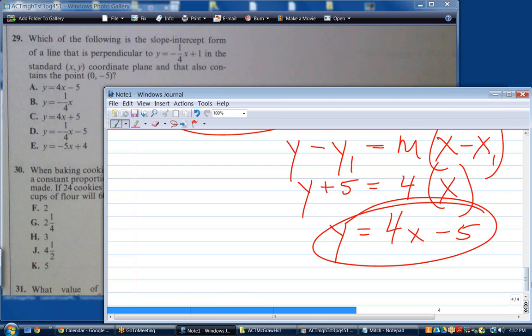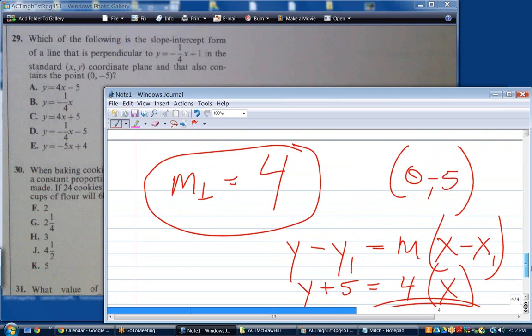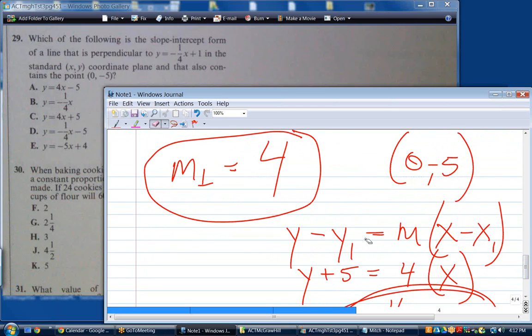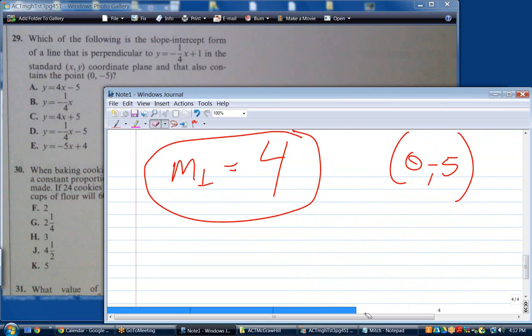Now, let's just go back for a moment because I don't want to ignore this. We don't actually need point-slope format. If the only thing you can remember is y equals mx plus b, which is slope-intercept format, well, we know the slope, so we can fill in for that, and we know one point. So we know what the x is and we know what the y is.